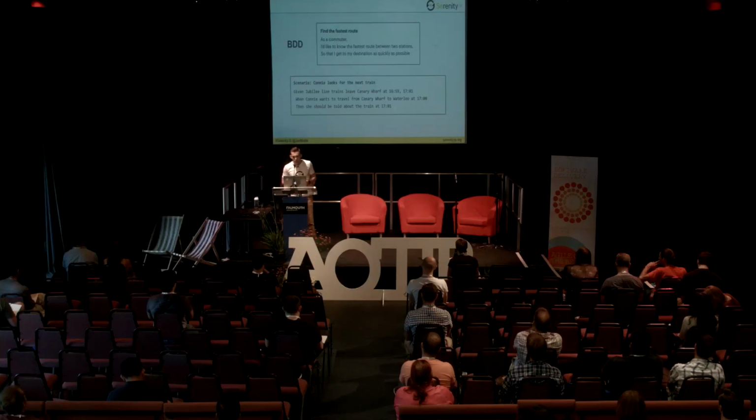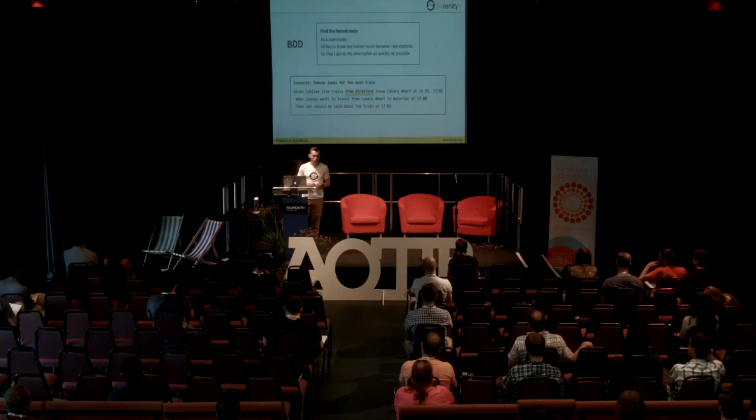Cool. But if we think about this scenario, there are actually trains leaving both directions from the station, right? So they could be leaving from Stratford or towards Stratford. Also, if it's already 5 o'clock, should we really be telling Connie about the train at 5:01?